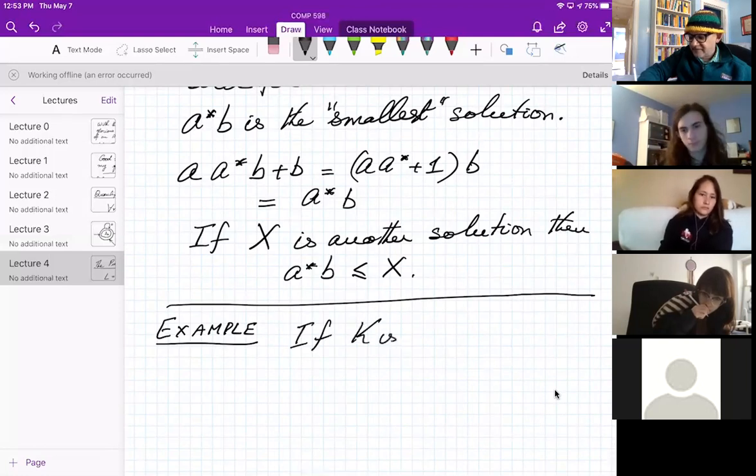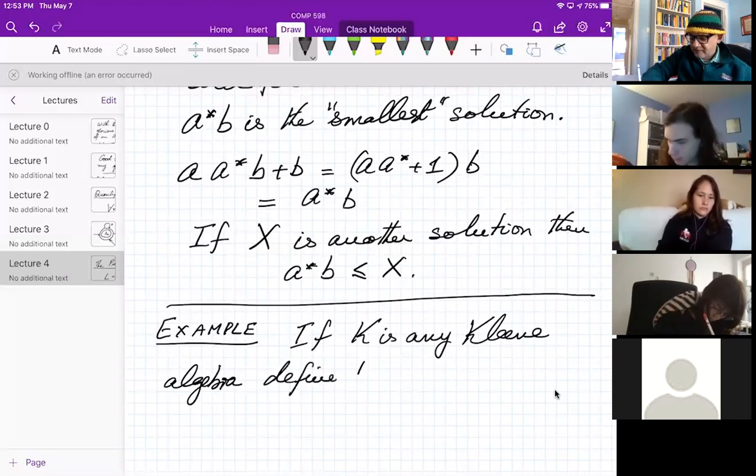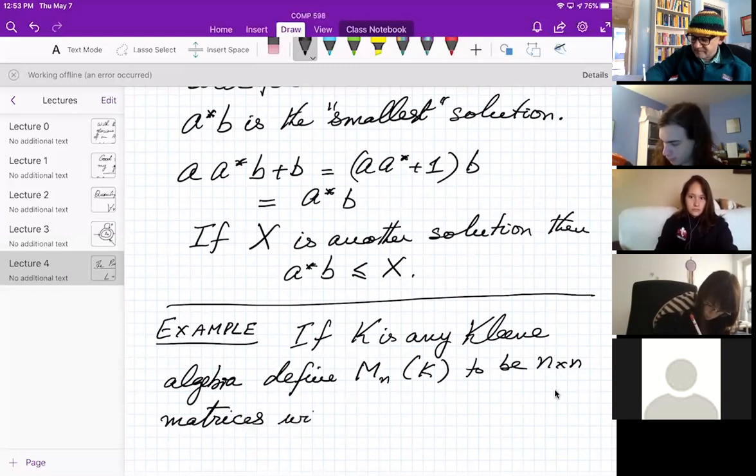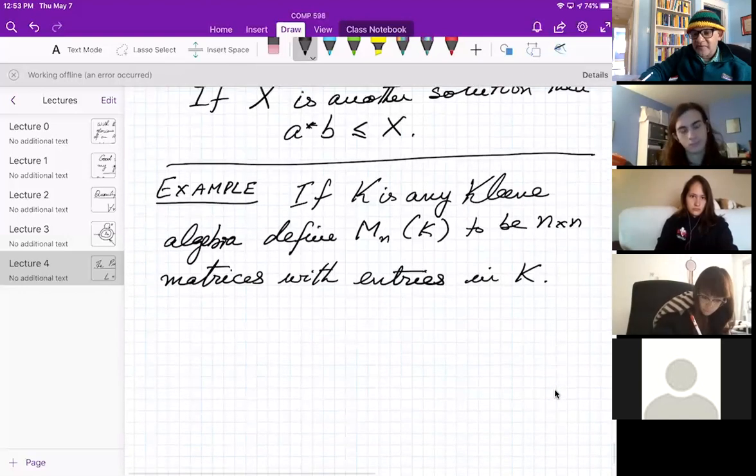If K is any Kleene algebra, define M sub n of K to be n by n matrices with entries in K. And the crucial point is this can also be organized into a Kleene algebra.